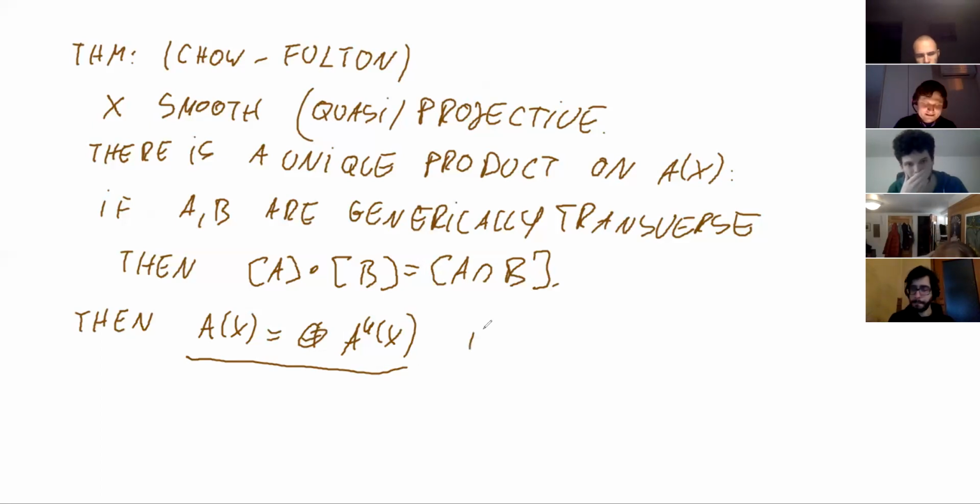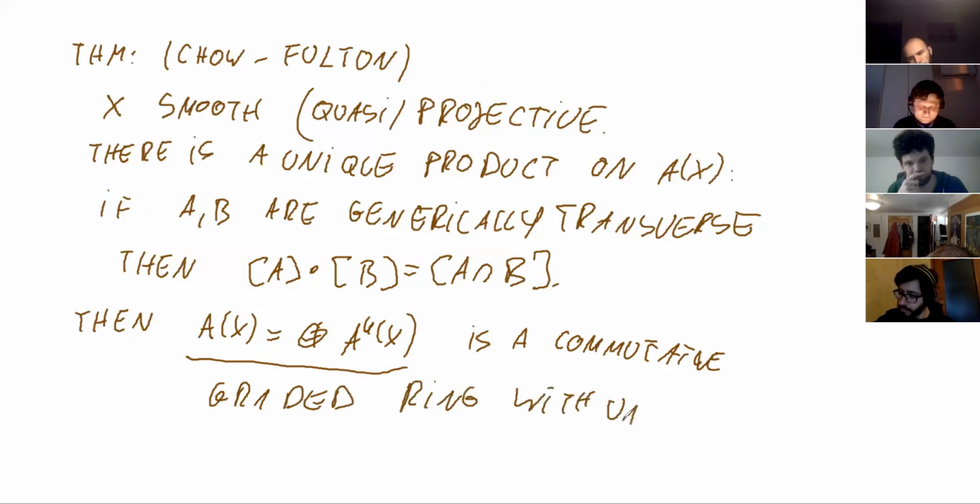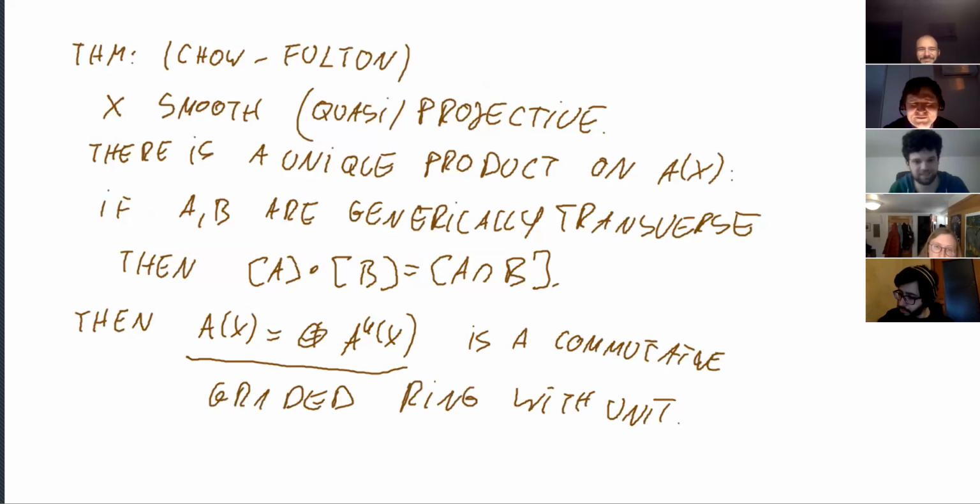Then this is a commutative graded ring with unit. Any question about that? I mean, there were many, but okay.